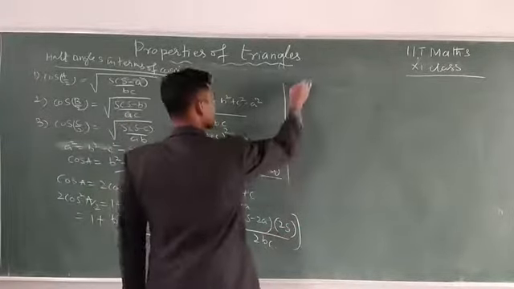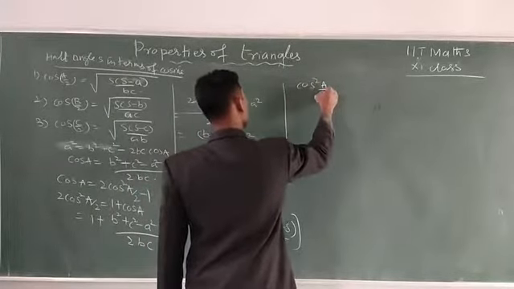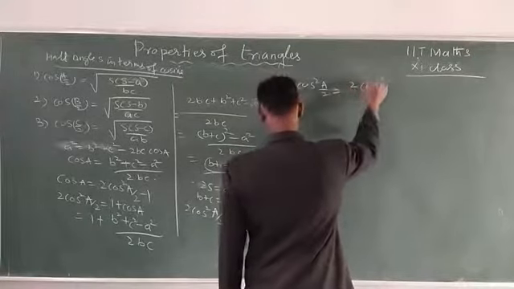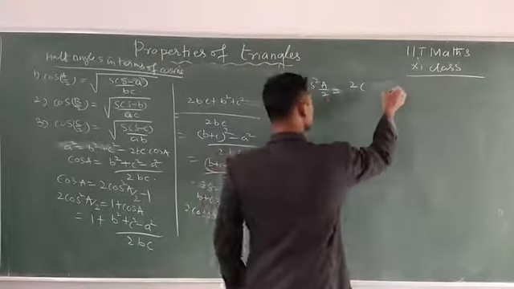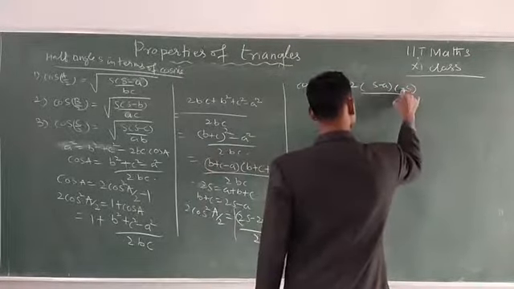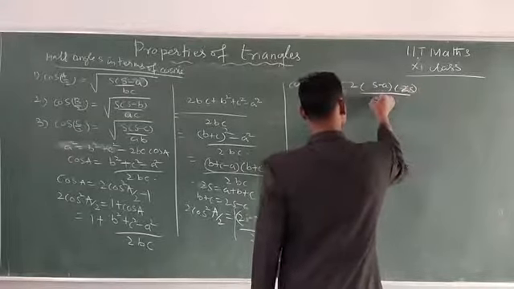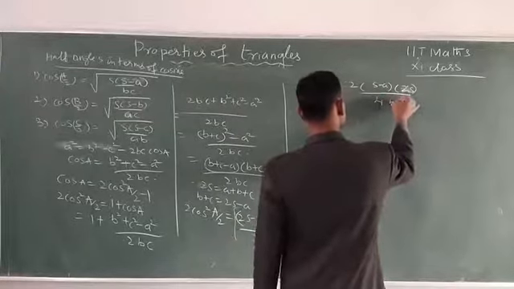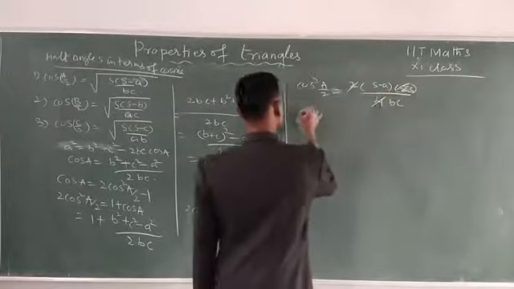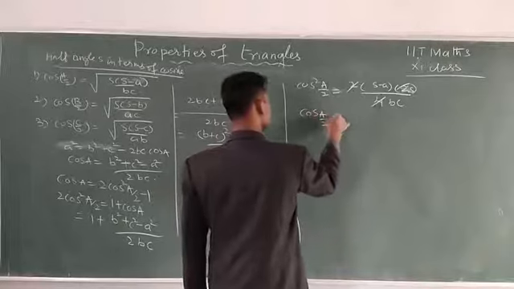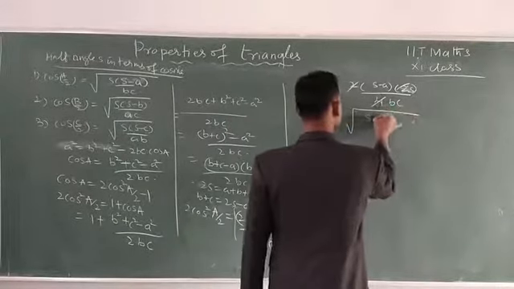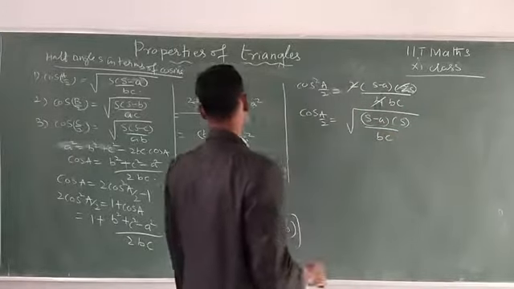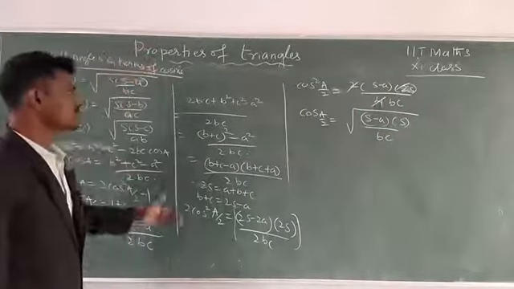Now cos square A by 2 is equal to, this 2 also goes to the denominator, then in the numerator take 2 common, s minus a, and here also 2s, by 4bc, and this 4 cancels. Now cos A by 2 is equal to under root of (s minus a) into s by bc. This is the half angle in terms of cosine.